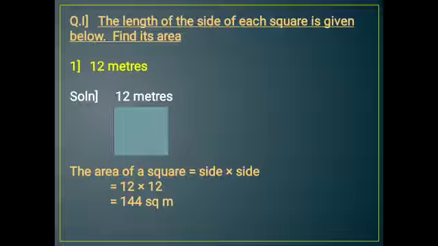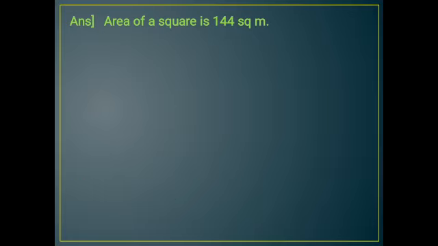Whatever the measurement is given we write in the answer, whether it's meter, kilometer, centimeter or millimeter. But in area we write square. If we do not write square meter, even if our answer is correct, we will not get the marks. There is a compulsion to write 144 square meter. So our answer is the area of a square is 144 square meter.